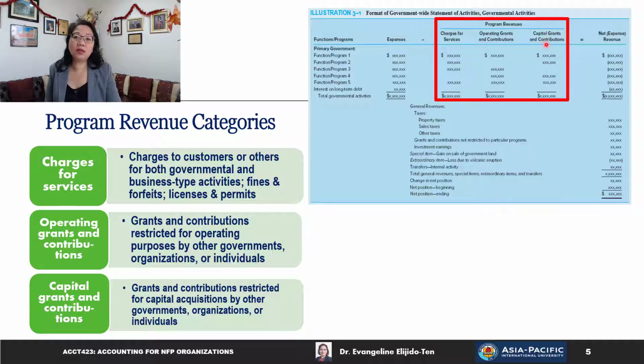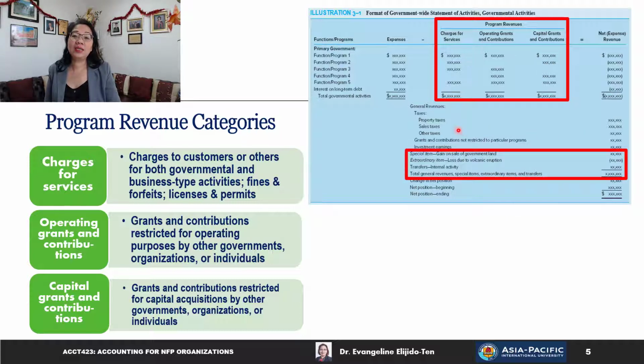Capital grants and contributions are donations that are restricted for capital acquisitions, again by the donating body, whether it's the government or another organization or individual. So if another government body donated, for example, funds that are to be used for building a bridge, that would be considered a capital grant.